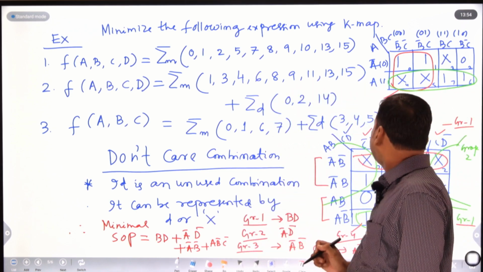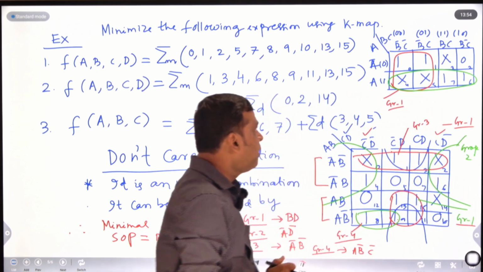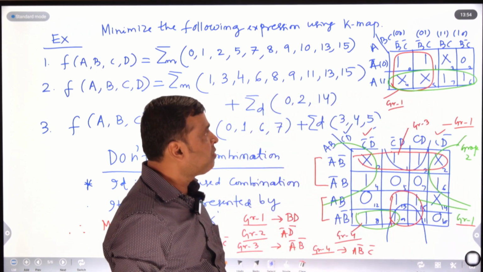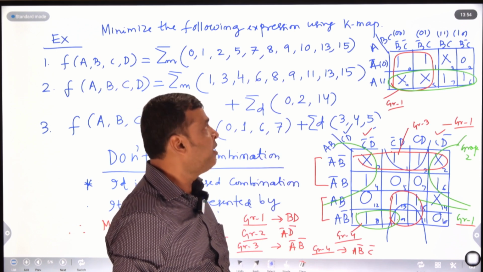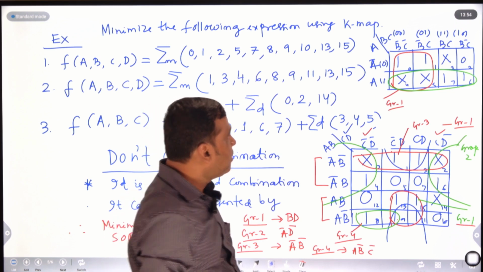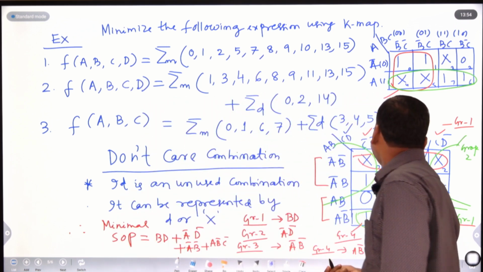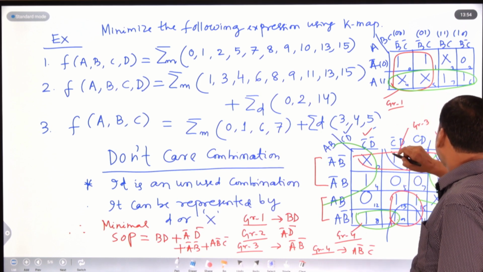If it is possible to form a group, you have to combine all min terms along with the don't cares, but you cannot form a group exclusively with don't cares. So in this example you will find two quads.